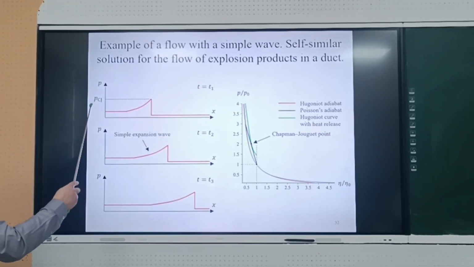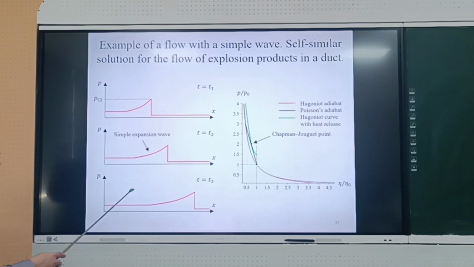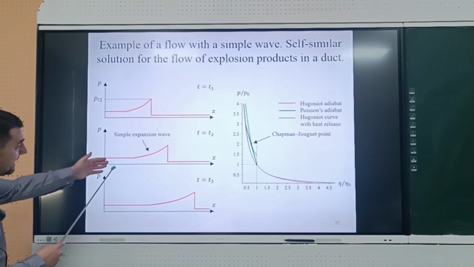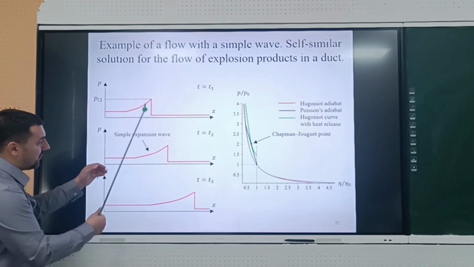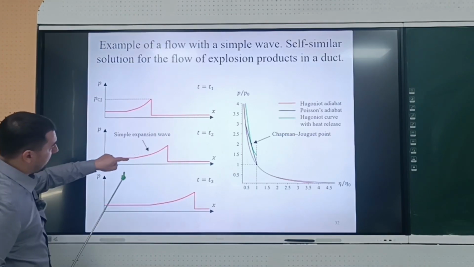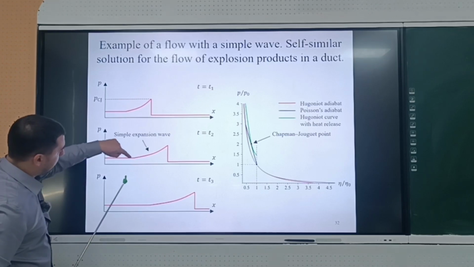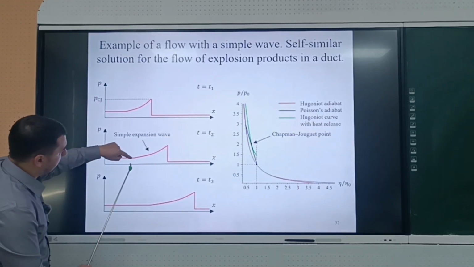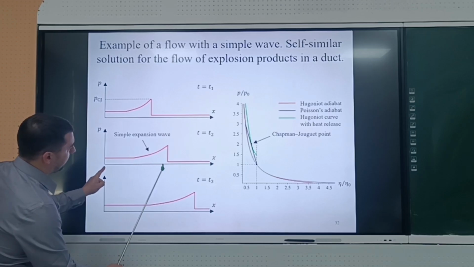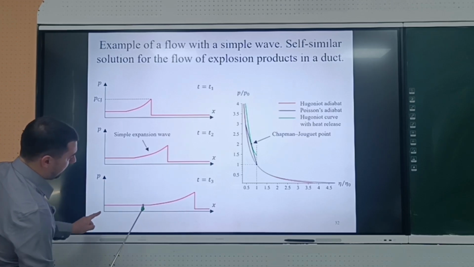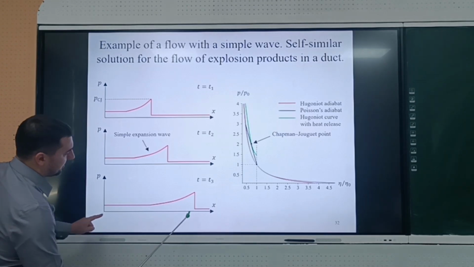And this solution is also self-similar. So what does it mean? It means that in time it will propagate with the same amplitude, and this profile will stretch, and this point where we have constant parameters is approximately in the middle of this segment, and this one in the middle of this interval, and so on.